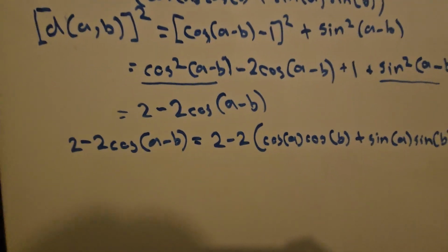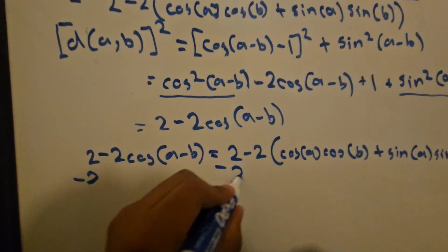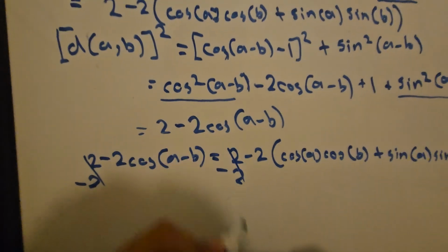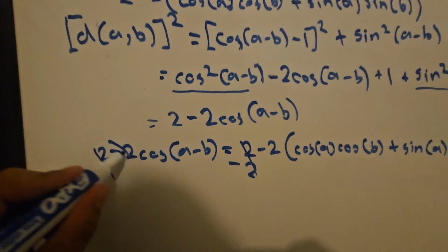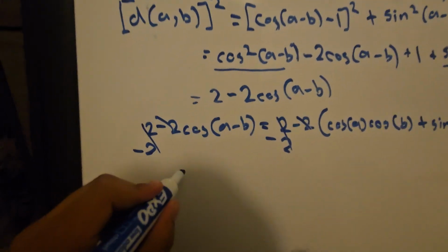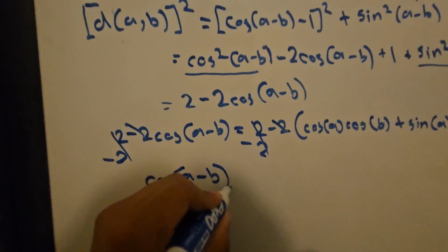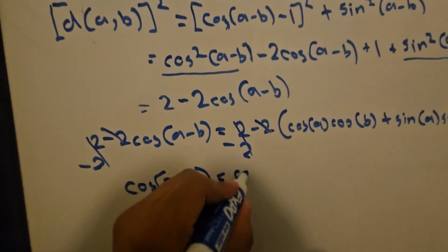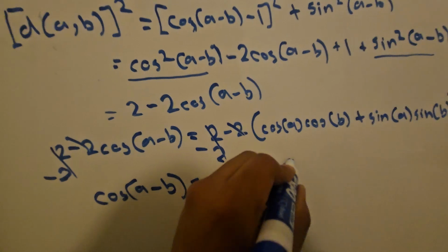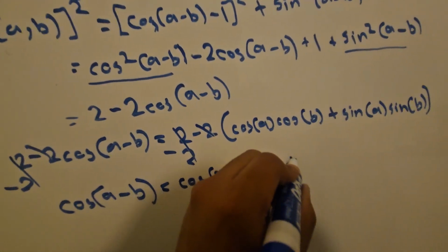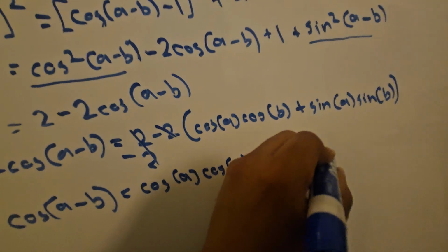So we're going to subtract 2 from both sides. This cancels. And then divide both sides by -2. Once we divide both sides by -2, guess what we have? We have cosine of A minus B is equal to cosine of A times cosine of B plus sine of A times sine of B.